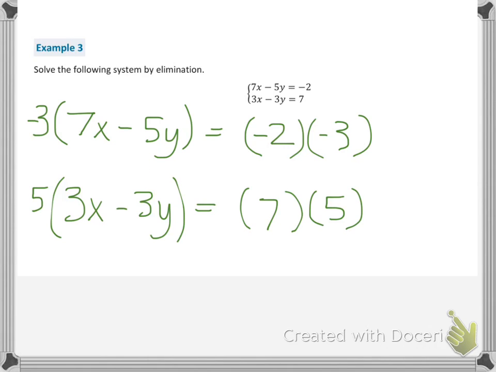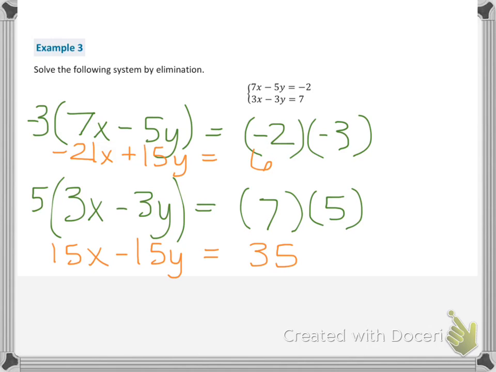So this becomes, let's use a different color because it's getting kind of crowded in here. So this will be negative 21x plus 15y is equal to 6. And this equation down here will be 15x minus 15y is equal to 35. So again, these new equations here are going to have the same solution as our original equations, but they allow me to eliminate a variable.